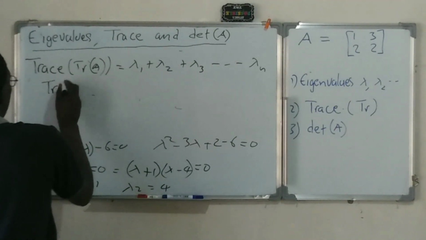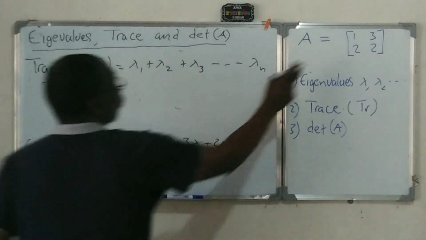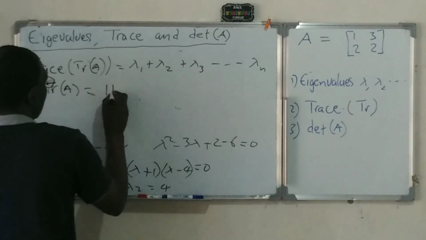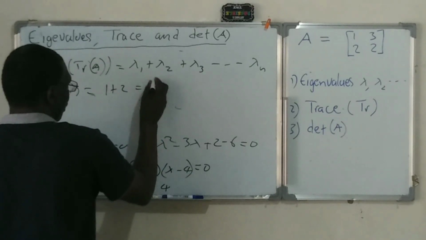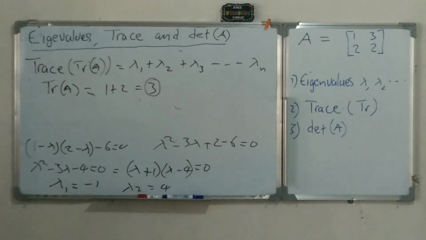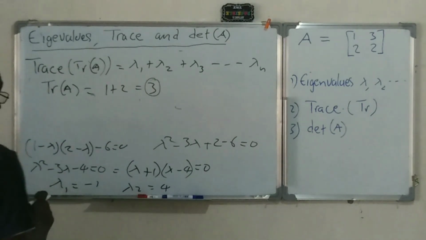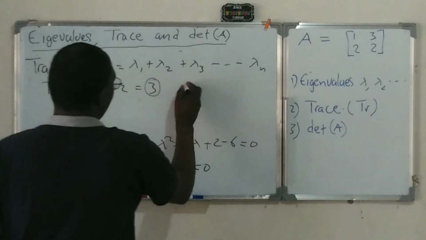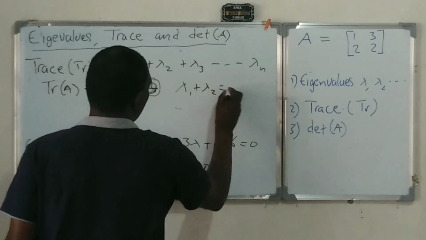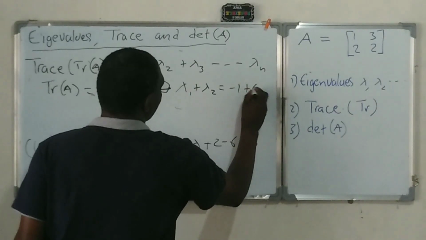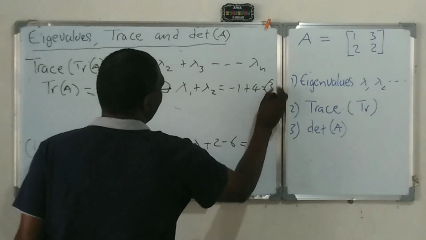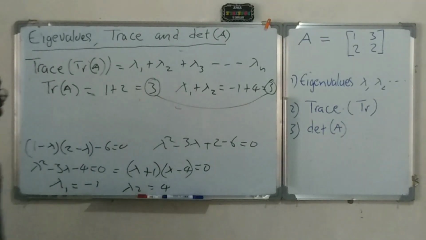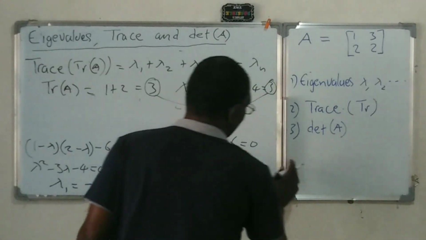Trace of A is equal to 1 plus 2, which is equal to 3. Does that relate to the sum of our eigenvalues? Let's see. Eigenvalues are minus 1 and plus 4. So lambda 1 plus lambda 2 is equal to minus 1 plus 4, which is equal to 3. So this is equal.